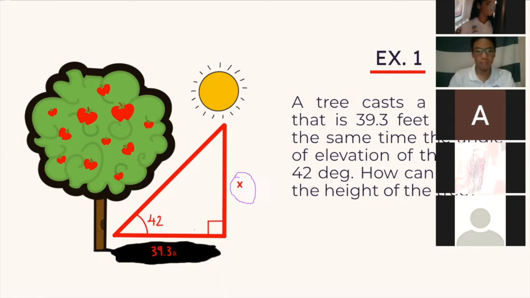Then we have to identify the information that the exercise is giving me. Here we have the shadow that the tree casts, which is located in the adjacent side, and its measure is 39.3. And we have the angle of elevation that has a measure of 42 degrees.